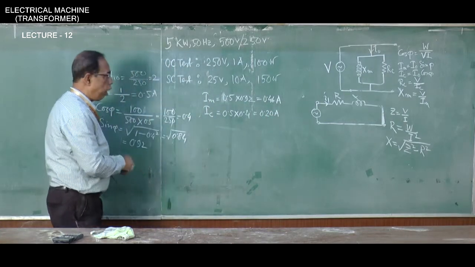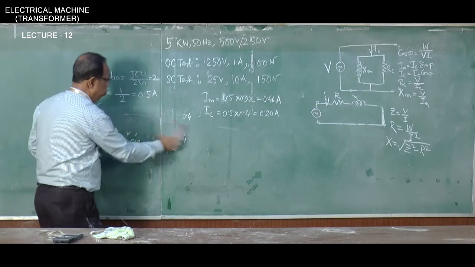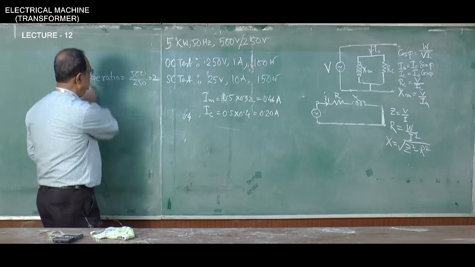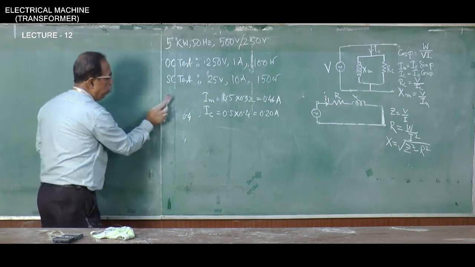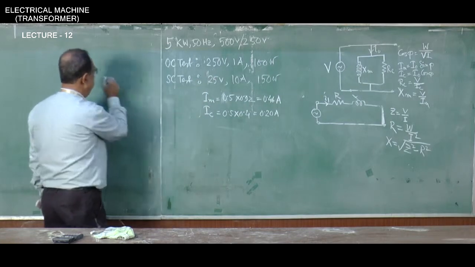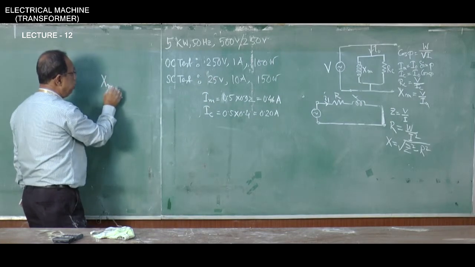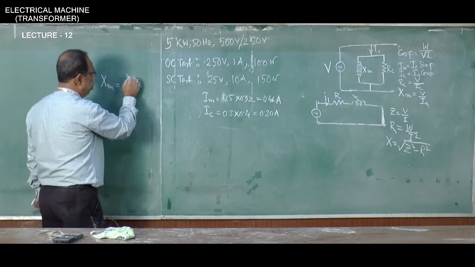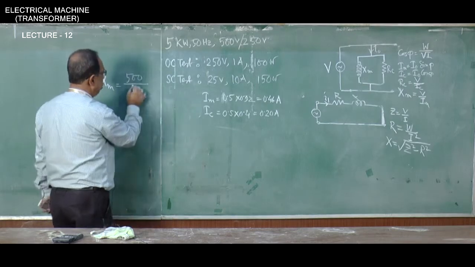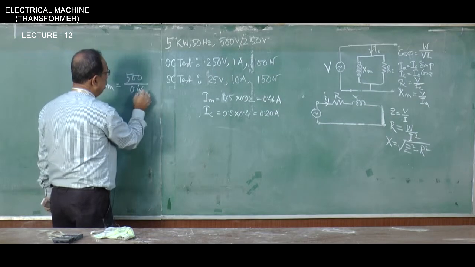So, if I know IM and IC, I can now very well find out the value of R and X. The magnetizing reactance XM will be the applied voltage, 500, divided by the current IM, which is 0.46.